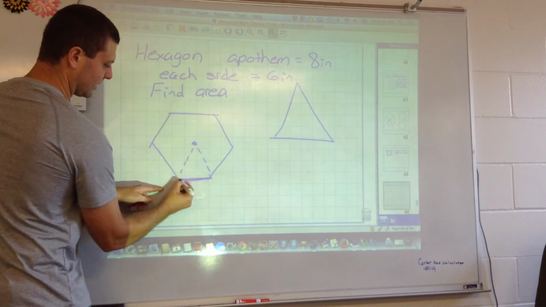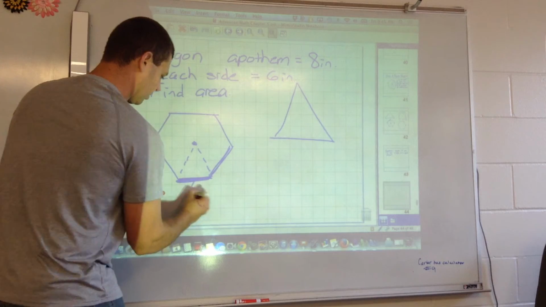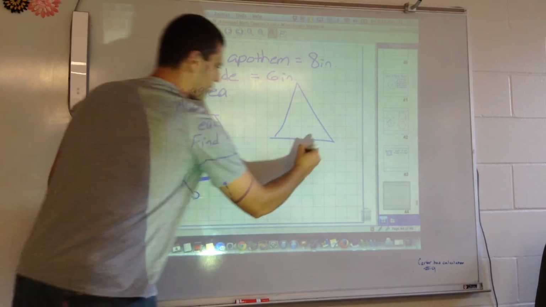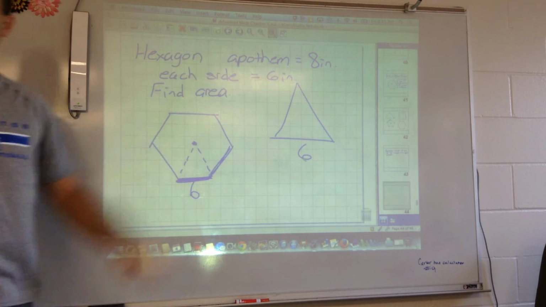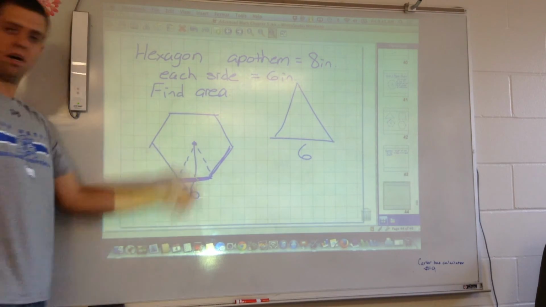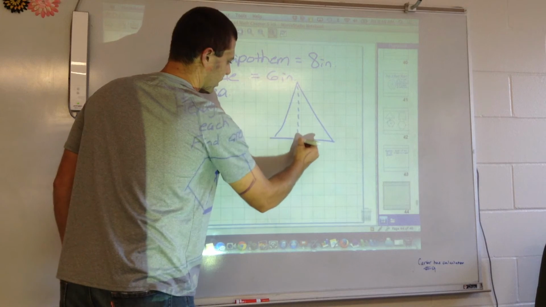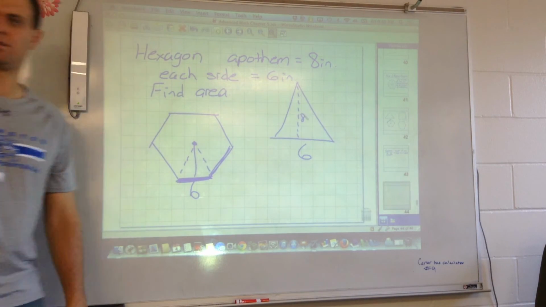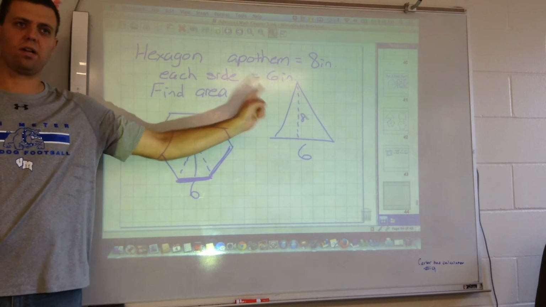We know that every side of the hexagon was 6 inches, so this right here was 6 inches, the bottom of it. The apothem is 8 inches. Well, remember, the apothem is really just the height of one of those triangles. So really, I know that this right here is 8. Could you find the area of that triangle now?